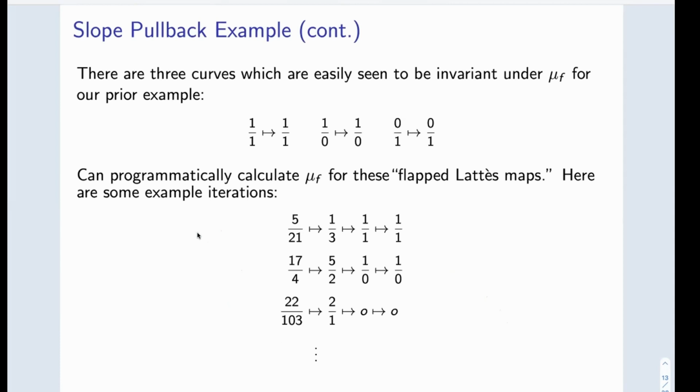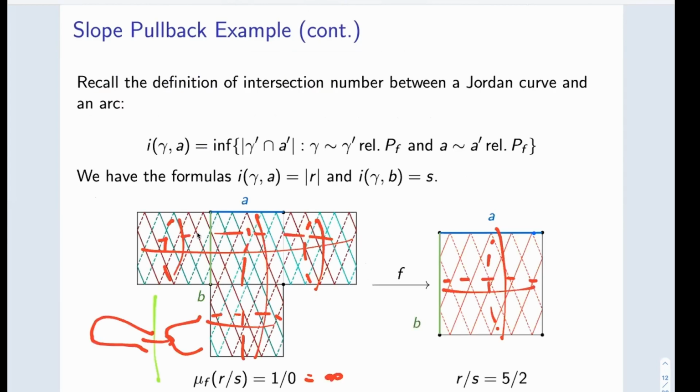Now, for more complicated examples, these pictures are a little difficult to produce by hand. So, there are many different ways that you can program mu f to have a computer do this for you automatically. So one way, like we see in this picture, is you can imagine a photon bouncing around the boundary of these edges here.